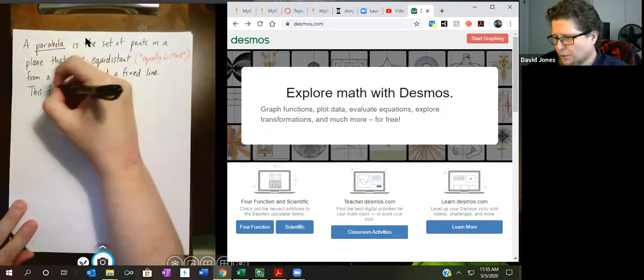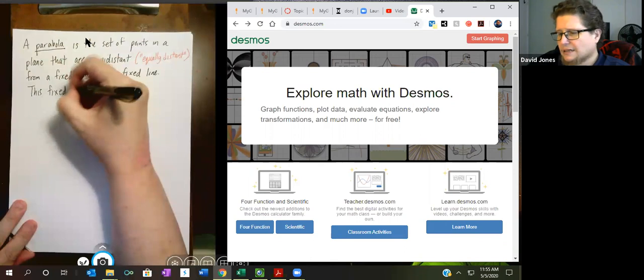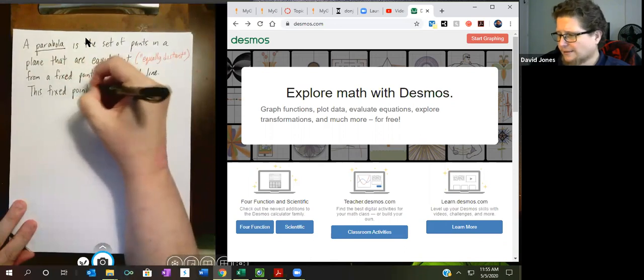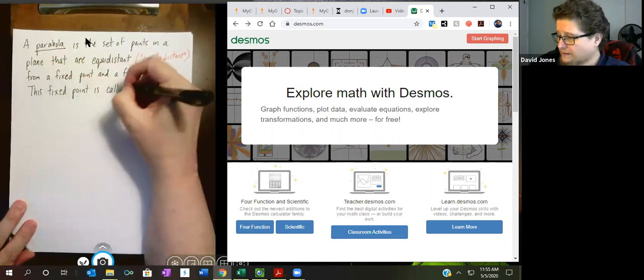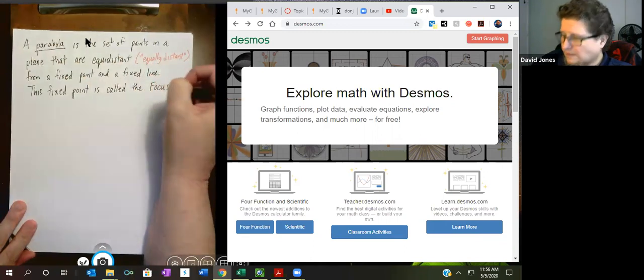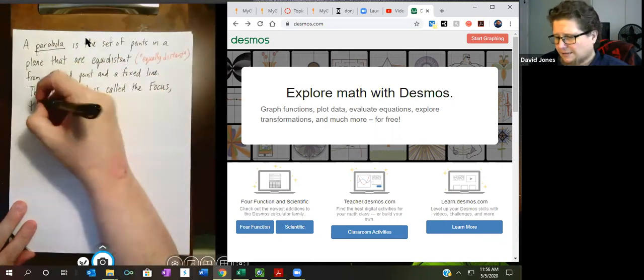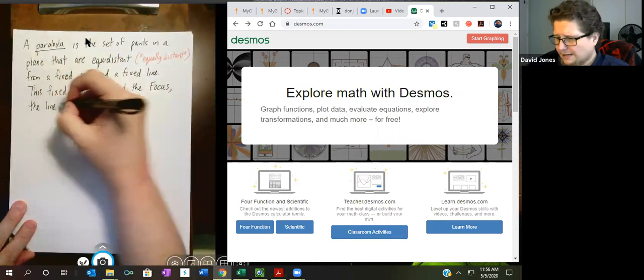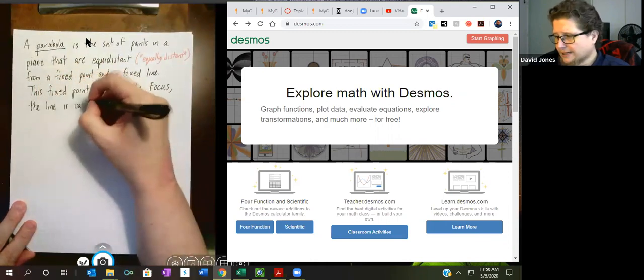The fixed point is called the focus. The line is called the directrix.